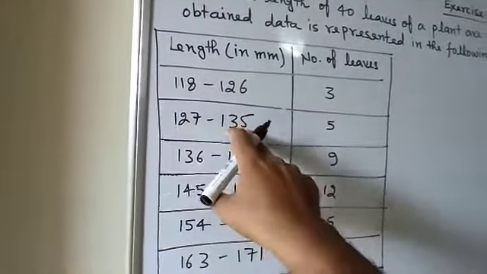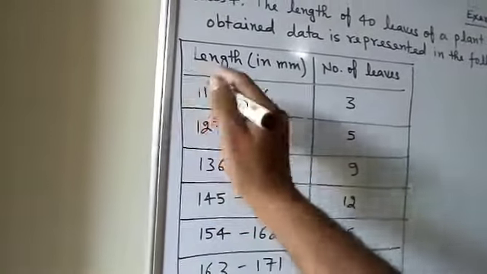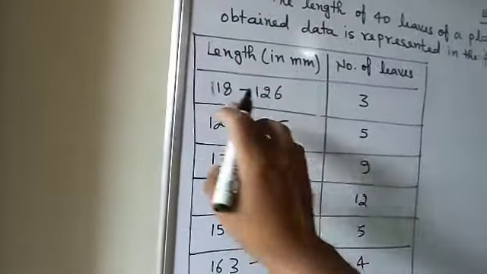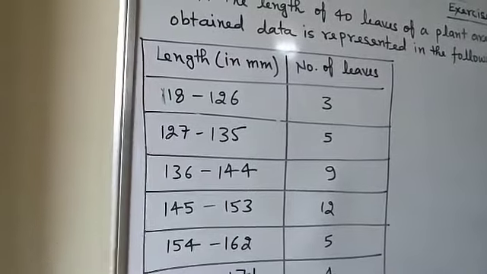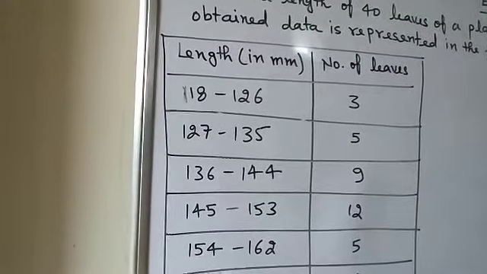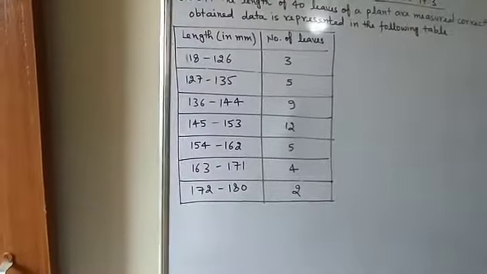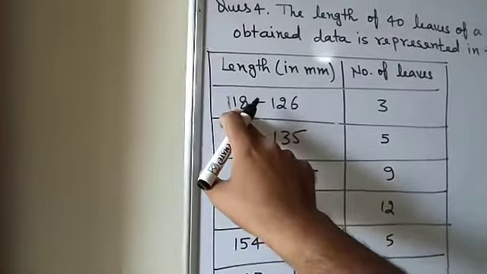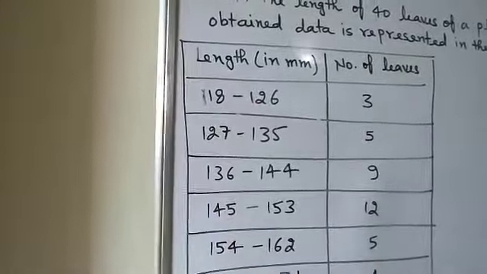You need to subtract 0.5 from the lower limit and add 0.5 to the upper limit. Then you will find that it is automatically converted into continuous. So here 118 minus 0.5 will be 117.5.